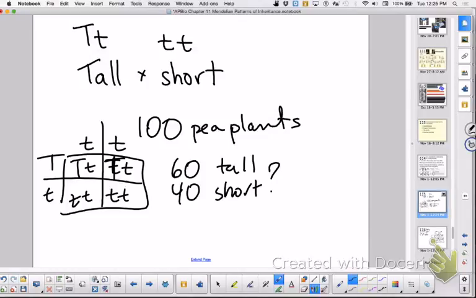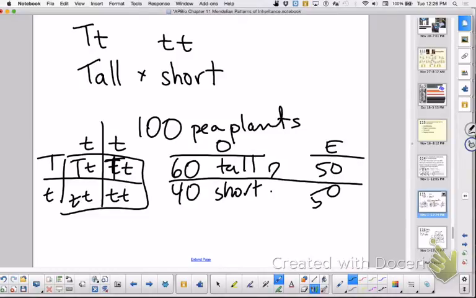Okay, so this is what we got. This was our observed. Our expected, if we're doing a cross and we have 100 offspring, we would expect 50 tall and 50 short. Now we're going to take our observed minus our expected. So here, 60 minus 50 is 10.